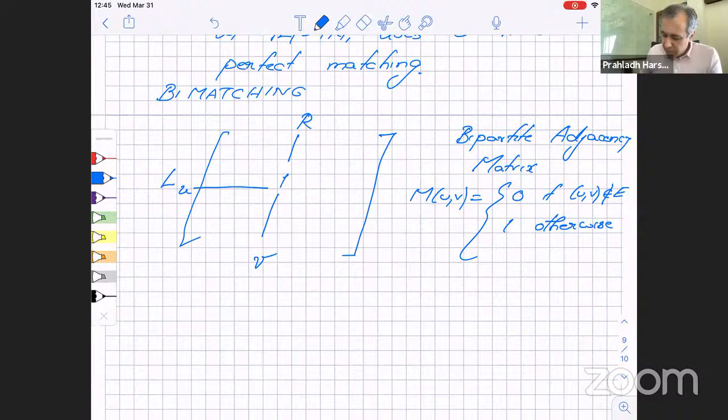Now let's bring in variables. Consider the formal variables x uv for every uv in the edge set.